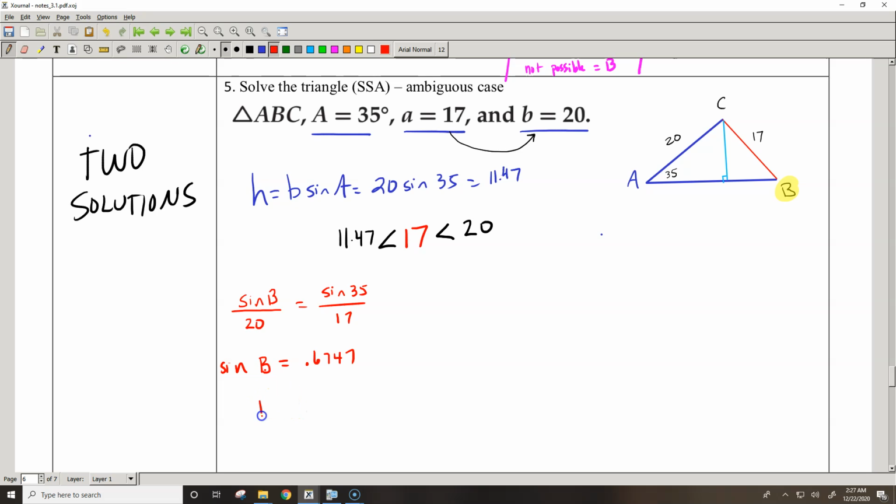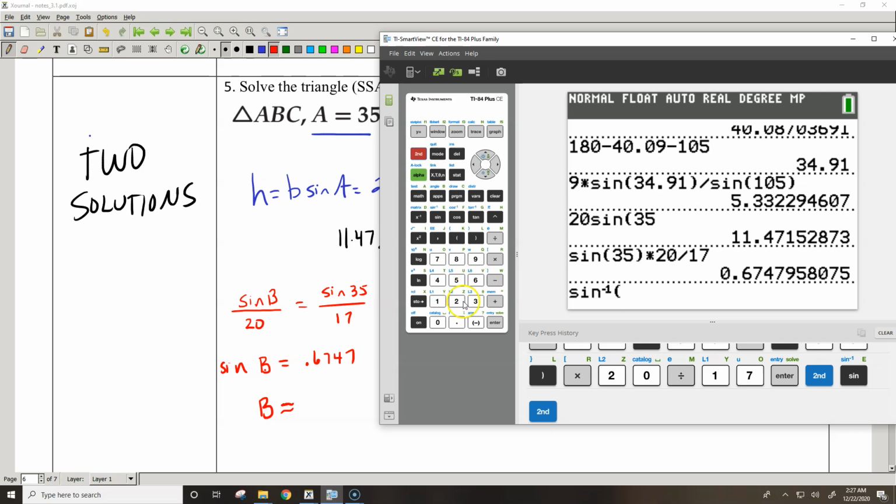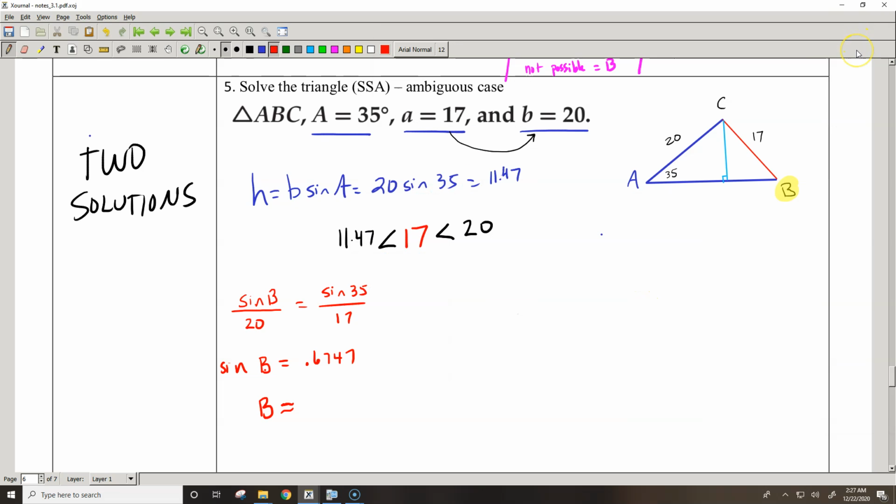Now if I solve for B and I take an inverse, then I can approximate what the angle B is. So I go back here and I take an inverse sine of the answer, and it's 42.44 degrees. So now I have one of the three pieces of information that I need.